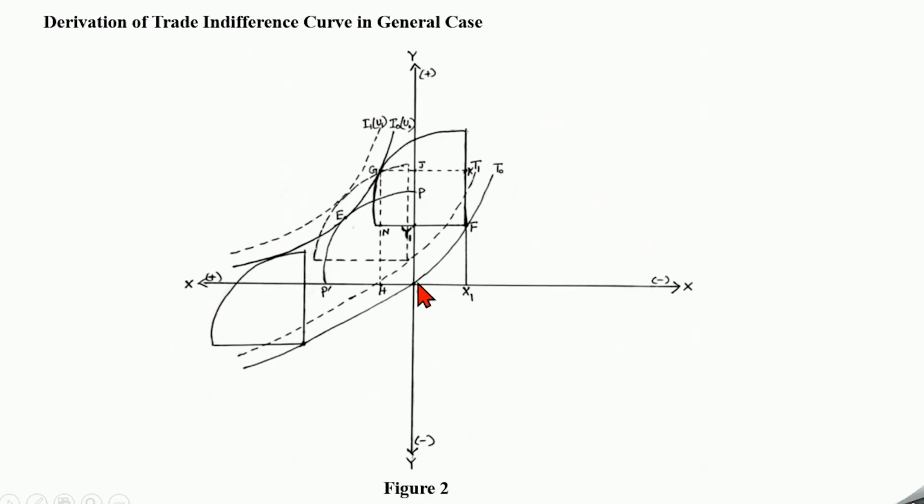Now, here we have drawn the production possibility frontier in the second quadrant, that is OP, P prime. In the general case, the shape of the production possibility frontier is concave to the origin.